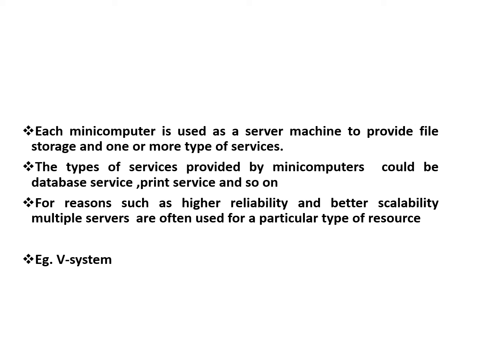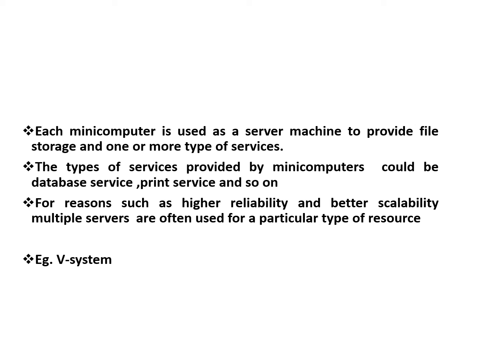For example, one or more file servers may be used in a distributed computing system to provide file service to the users. So, multiple mini computers are involved to provide a single service. So, we can say that the service is an abstract entity which can be provided by one or more servers.